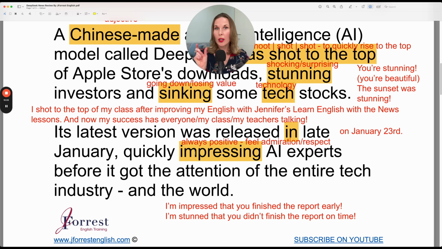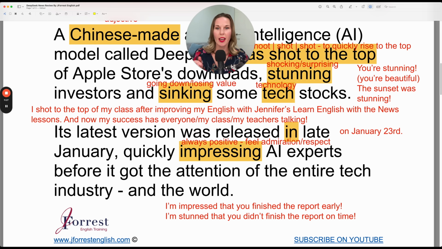And of course, the word impress means you feel admiration or respect. We commonly use these as adjectives in the ed form with the verb to be. I'm impressed that you finished the report early, because remember, a feeling of being impressed is always positive, but stunned can be negative. What? I'm stunned that you didn't finish the report on time. So I'm shocked, surprised, but in a more negative way.